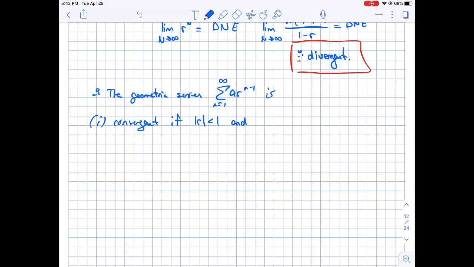And in that case, we end up getting that our series, not only is it convergent, but we will know exactly what it's going to be equal to. It's going to be equal to a divided by 1 minus r. So that's the first case here. That's when we have convergence, but for every other value of r, we have divergence. So that's if absolute value of r is larger than 1, or if absolute value of r is equal to 1 as well. And in that case, we're going to have divergence.